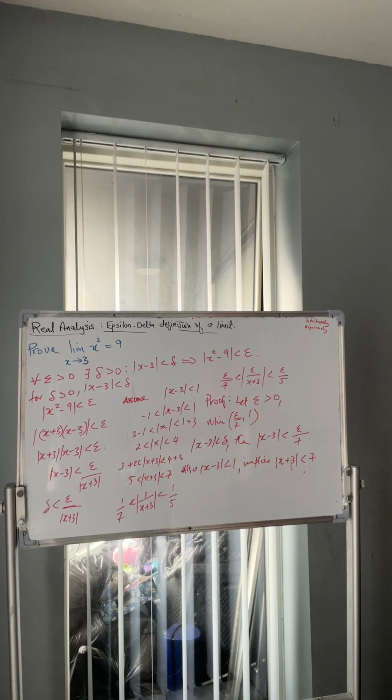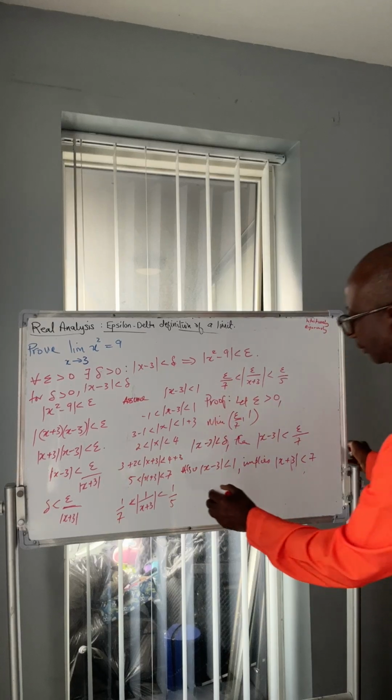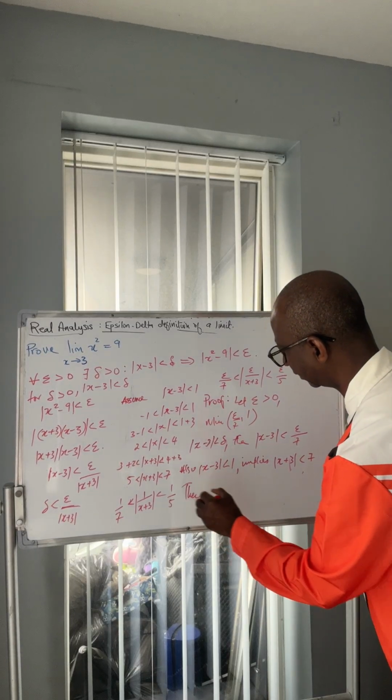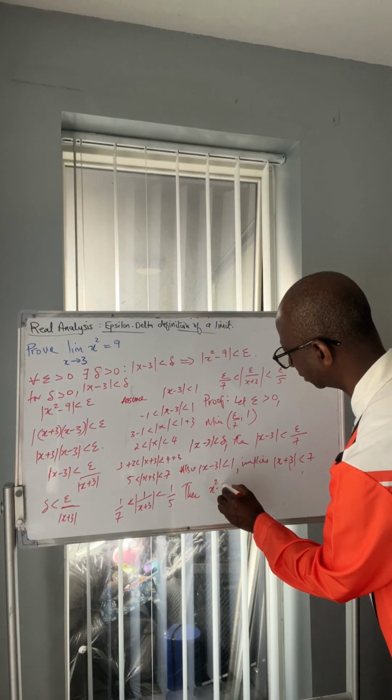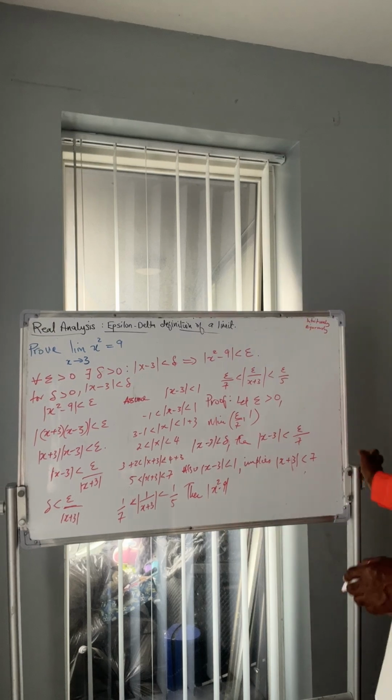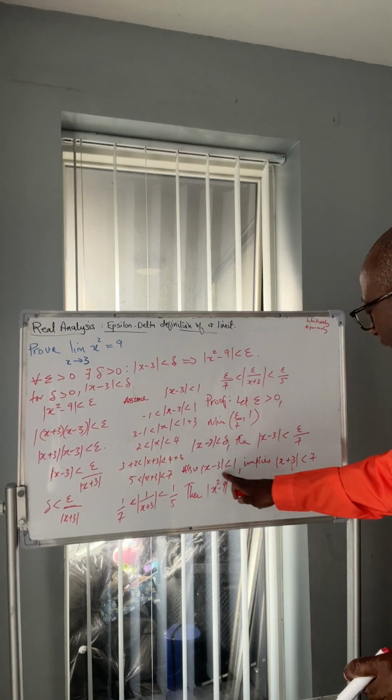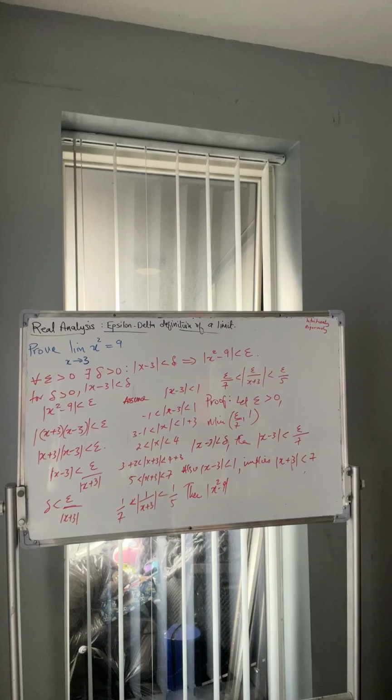Then x minus 3, then x squared minus 9. I hope you understand what we have done here. First, we added 3 to make it 0.